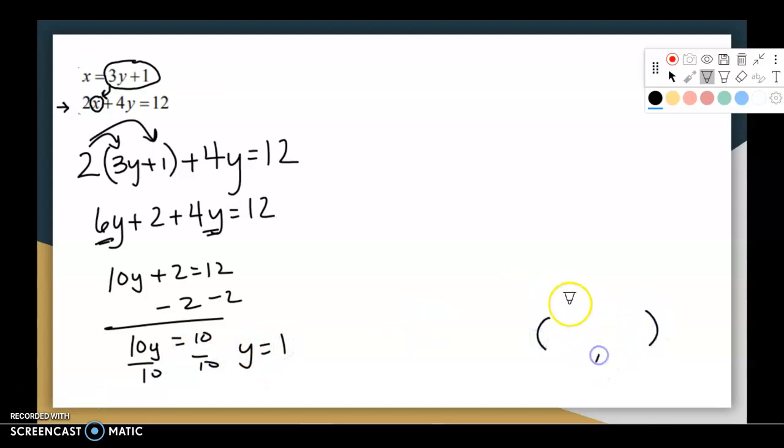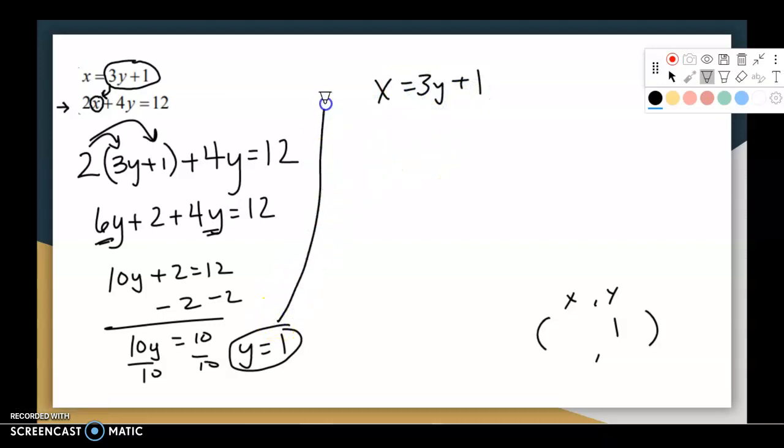So we know one half of this point. We know the y is 1. But now we need the x. To get the x coordinate, you're going to take y equals 1 and substitute it into one of these two equations. It doesn't matter which one. I'm going to plug it into the top one because I think it's easier to use.